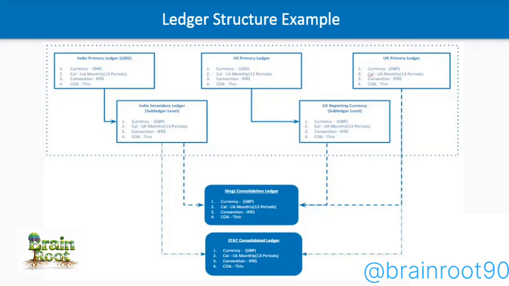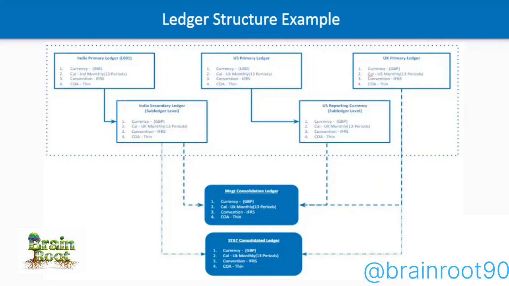Actually, we call it a statistical journal, where the currency is mostly a stat. It is mainly used for allocation purposes. I will show you in the application some of the use cases of it separately. It's a completely different topic. But you can still focus on the consolidation ledger.